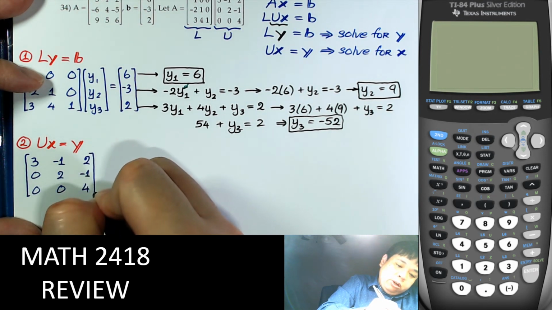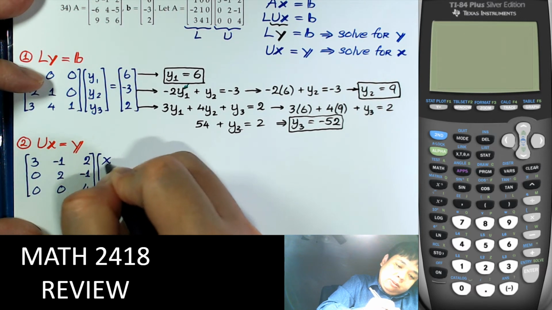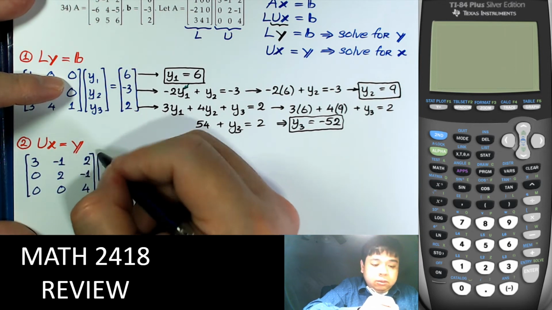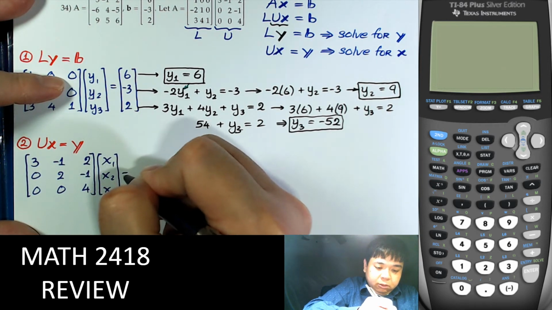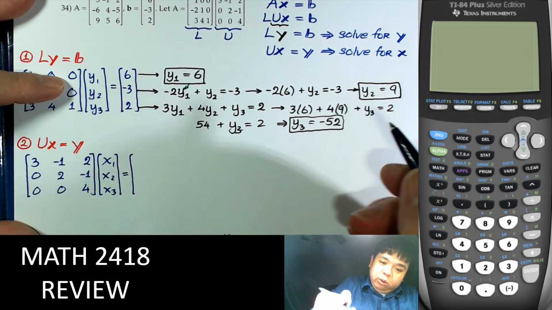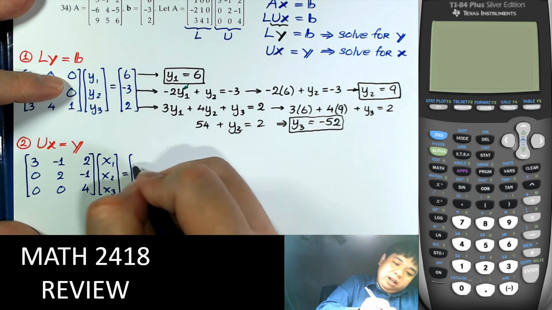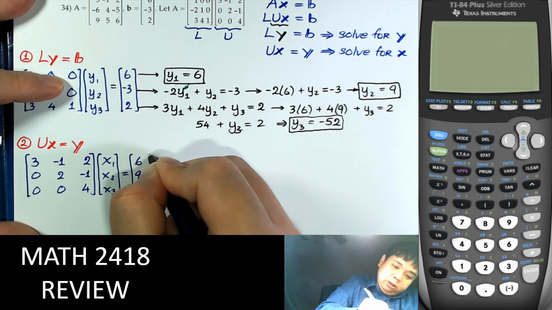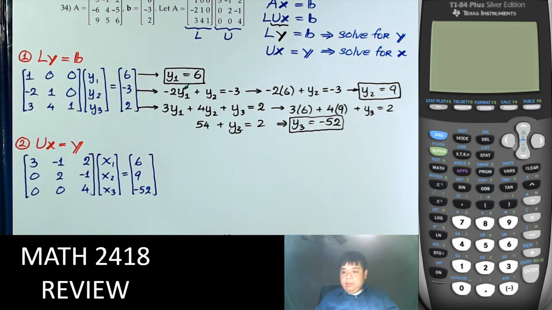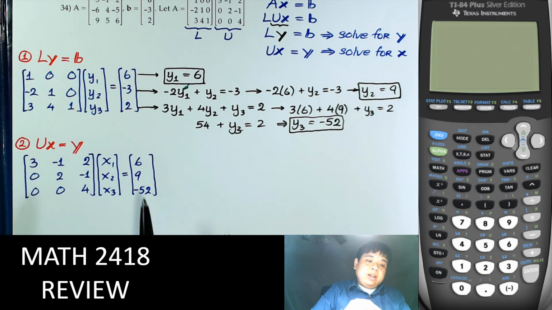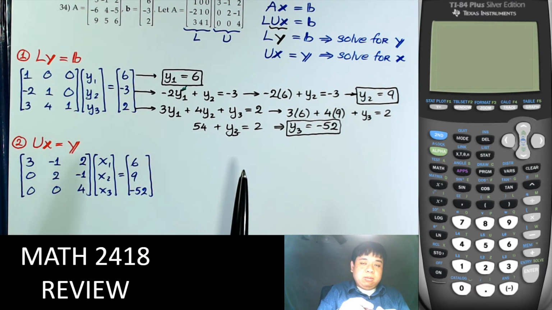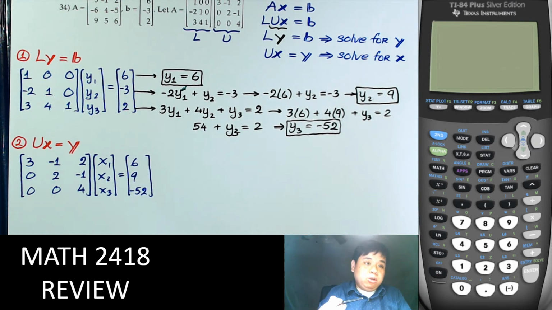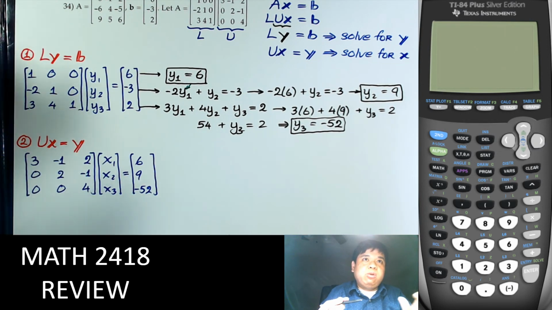So that is U times X equal to Y. We already know 6, 9 and negative 52. Right. In the first step we go forward from the top to the bottom; this one we go in reverse, from the bottom to the top. So this is backward substitution. That is forward substitution.